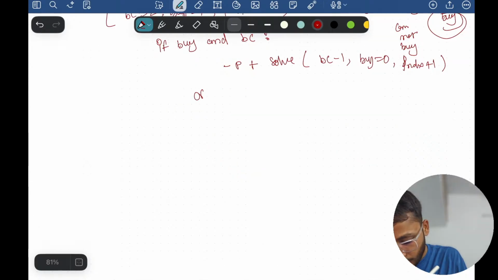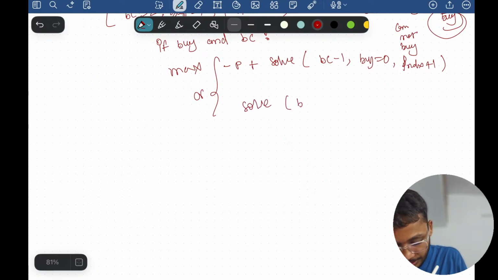Or you will say max of both, and you say no problem, I am not buying it, so solve, BC will remain BC, buy will remain buy, and idx plus 1.